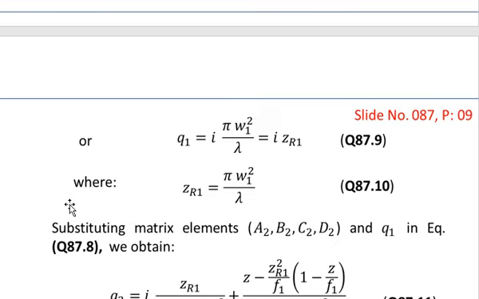ZR1 is equal to pi W1 squared over lambda, because the rightmost part of equation number 9 is obtained by setting ZR1 equal to pi W1 squared over lambda.